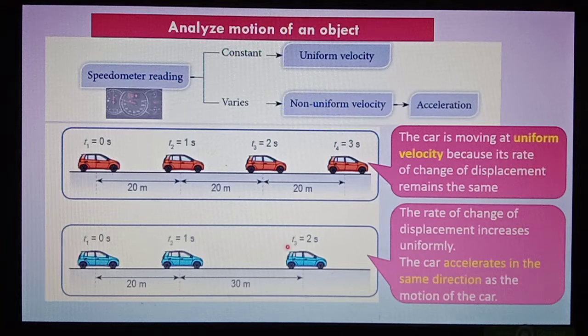Same time taken, but the displacement increases. So this will cause the velocity of the car to increase, so we can say the car accelerates. Because the velocity increases in the direction of the car moving, the car accelerates in the same direction as the motion of the car, or we can say positive acceleration.